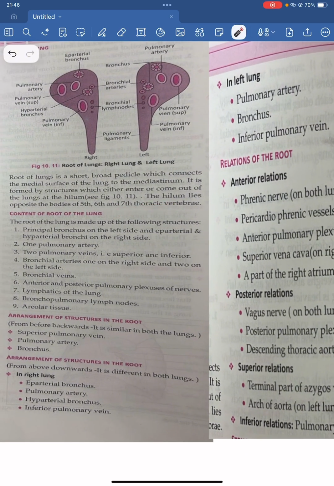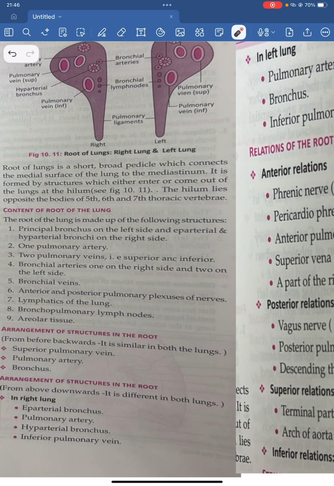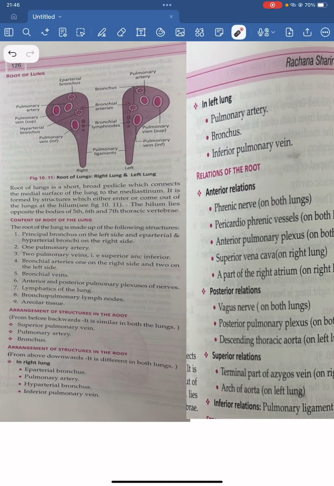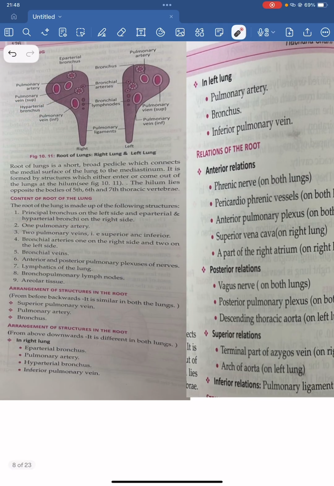So the root of the lung is made up of the following structures. What are the contents of the root of the lung? The principal bronchus on the left side, and the eparterial and hyparterial bronchi on the right side. In the left side you can see the principal bronchus.